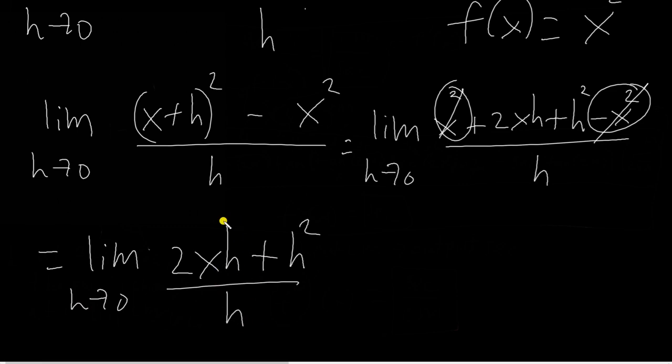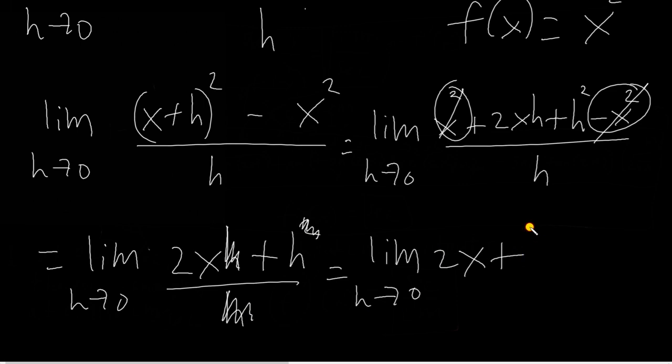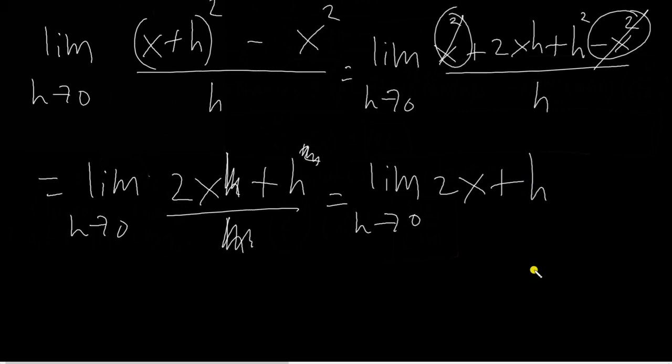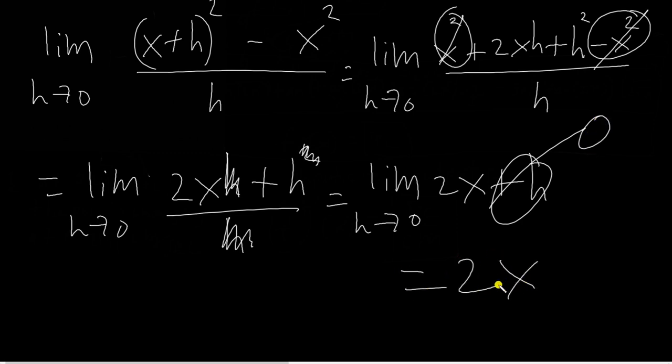Notice that we have an h here, an h here, and an h here, so I can cancel them, and this will become a plain h. This is the limit as h approaches 0 of 2x plus h. As h approaches 0, this term goes to 0, and that's just equal to 2x.